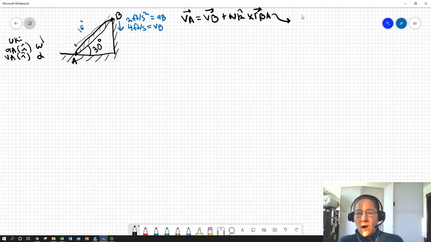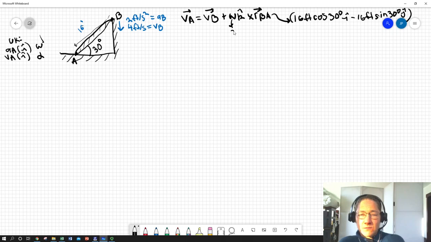So our R from B to A, when we write that out, we get 16 feet cosine of 30 degrees in the i-hat direction minus 16 feet sine 30 degrees in the j-hat direction. That's just applying the trig. We can multiply that and just get numbers.